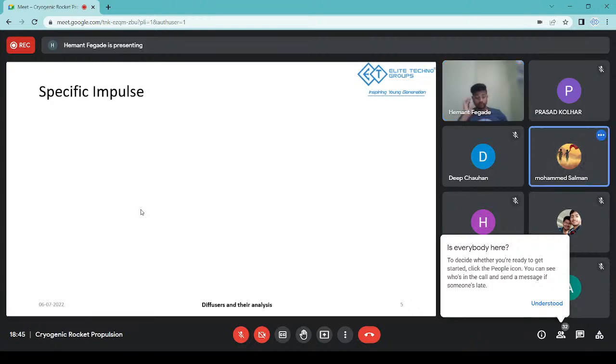Don't know, sir. Okay. So specific impulse basically is the amount of push the rocket gets by burning per unit of propellant. To understand this concept better, we'll first understand what a propellant is.